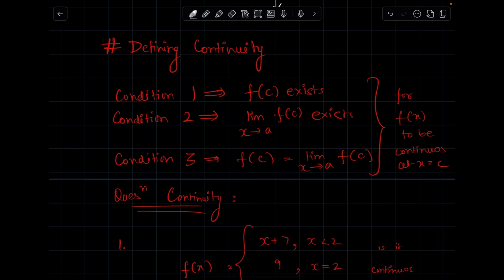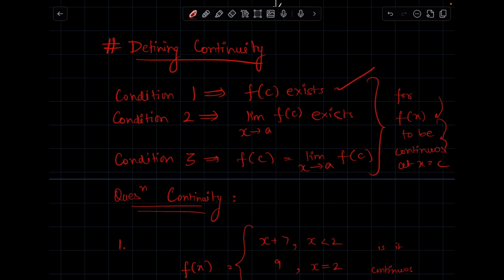Anyways, moving forward to the next part, defining continuity. There are three conditions that a function should meet at some x is equal to some value for it to be considered continuous at that value. Let's say that for f of x to be continuous at x is equal to c, the first condition is that f of c must exist.